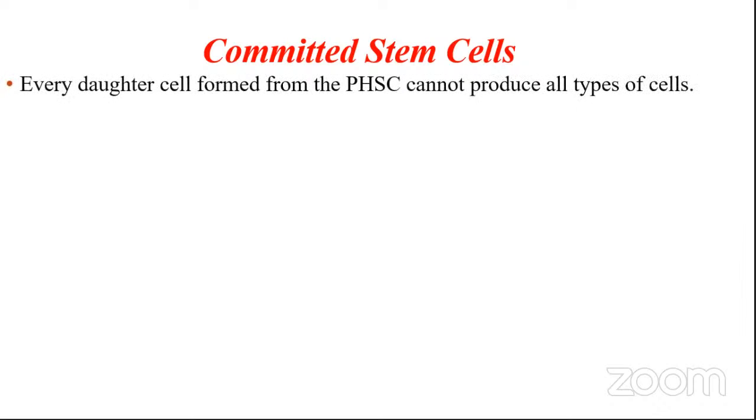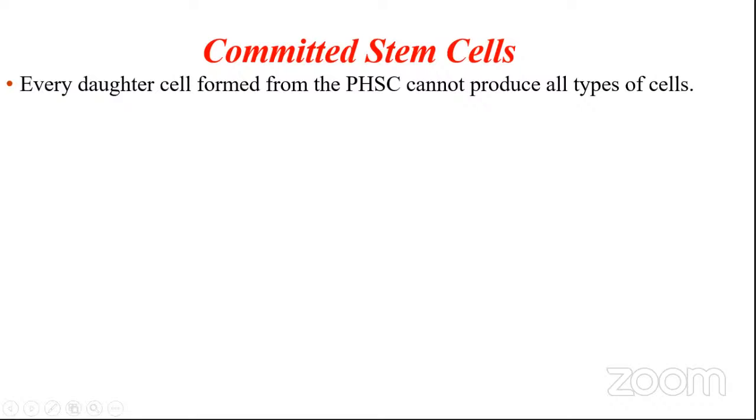Next, when they get committed, we call them committed stem cells. When the pluripotent hematopoietic stem cells get committed to a certain line, we call it a committed stem cell. Every daughter cell formed from the pluripotent hematopoietic stem cells cannot produce all types of cells.